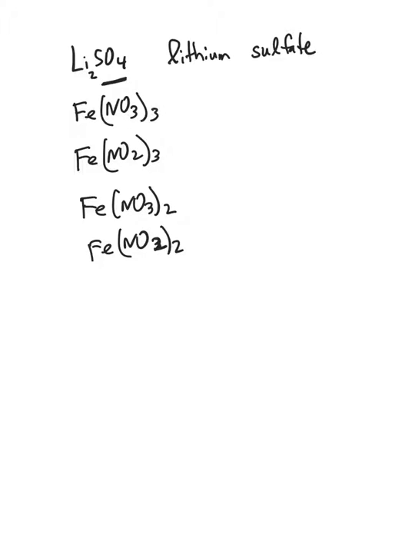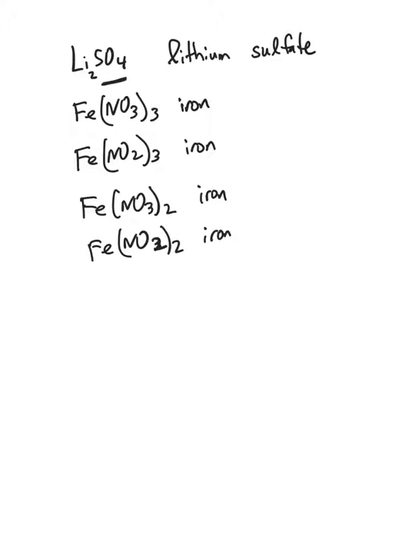Now we've got 4 different iron compounds. These all have Fe in them. They're all iron. And iron is a transition metal, so it can have a variety of oxidation numbers. And so we've got to figure out what the oxidation number is of iron in each of these.